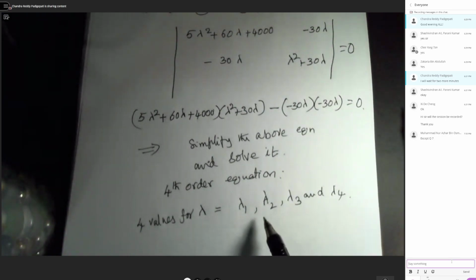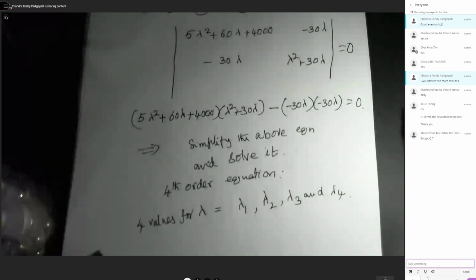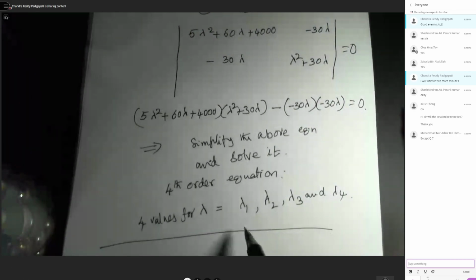Okay, so you may get some real values, some complex values. Okay, I think I'll stop here after that.